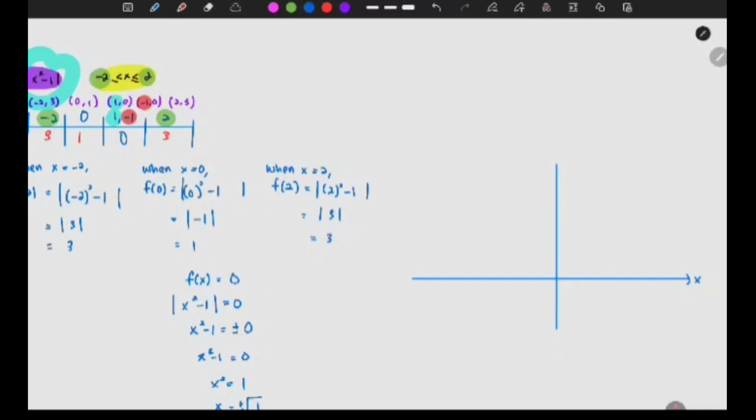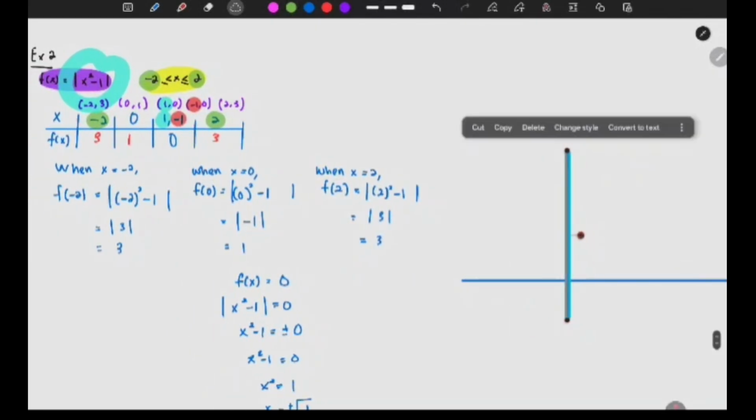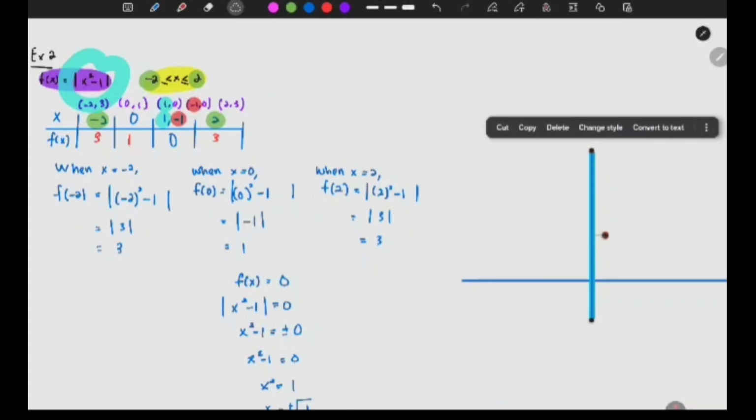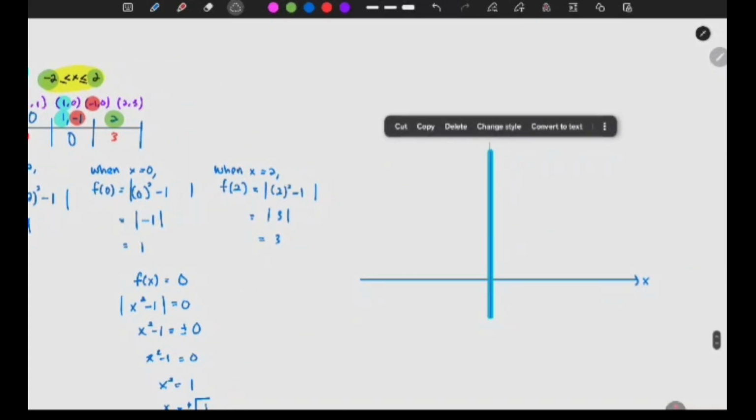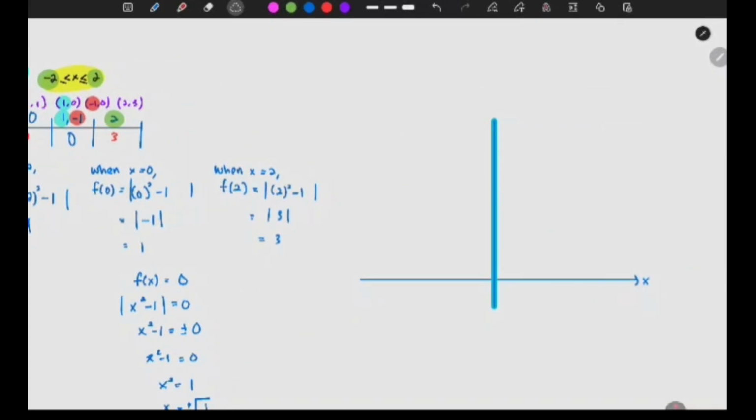And bring this up a bit, make it nicer. Does it look nice? I hope so. And this is fx, right? Fx.